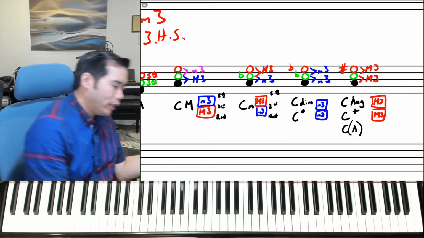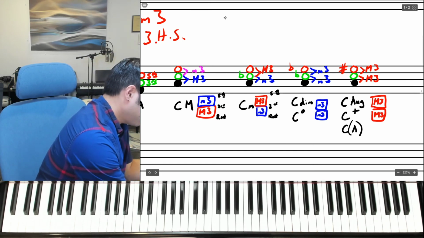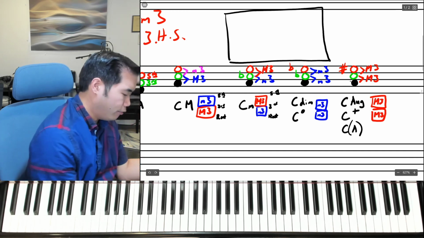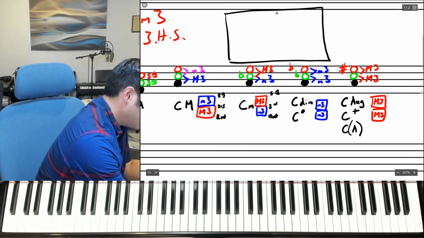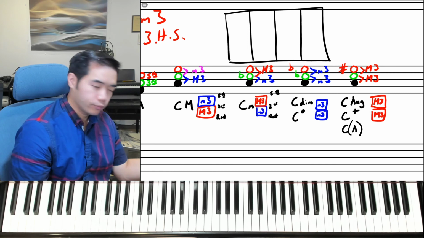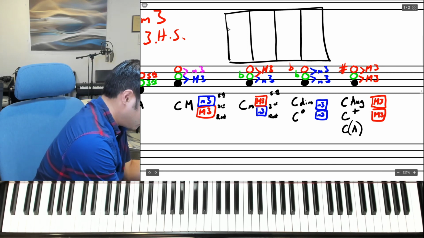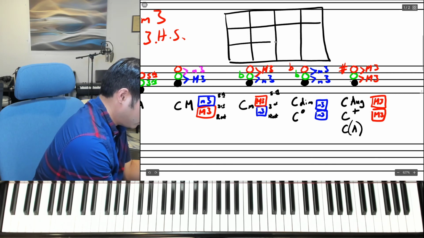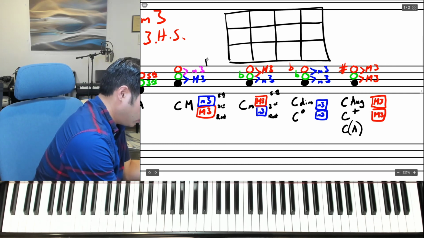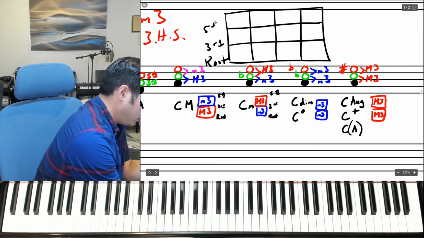So we could create a chart for this using this method. We have 4 different types of triads. So let's divide this in half, and each half in half, giving us 4 columns. And let's do it this way with the root, the third, and the fifth.